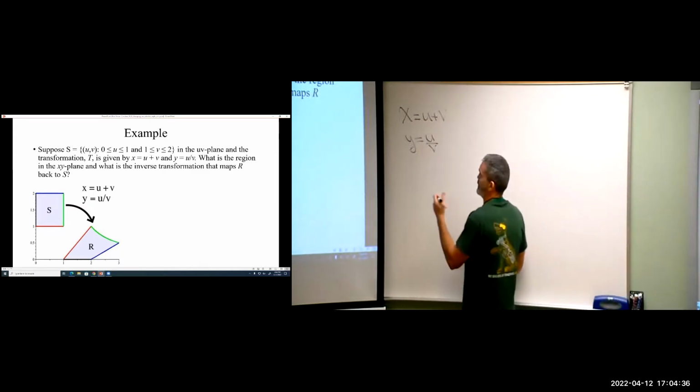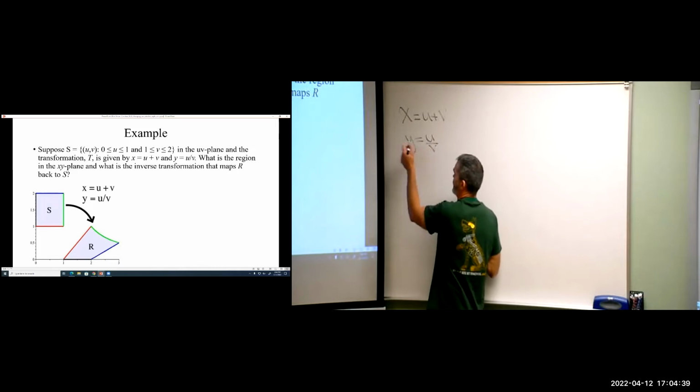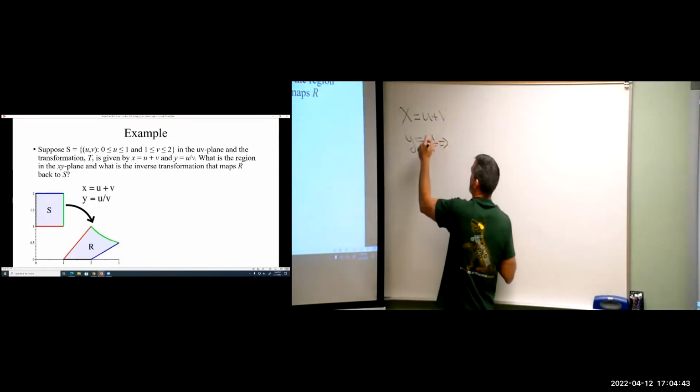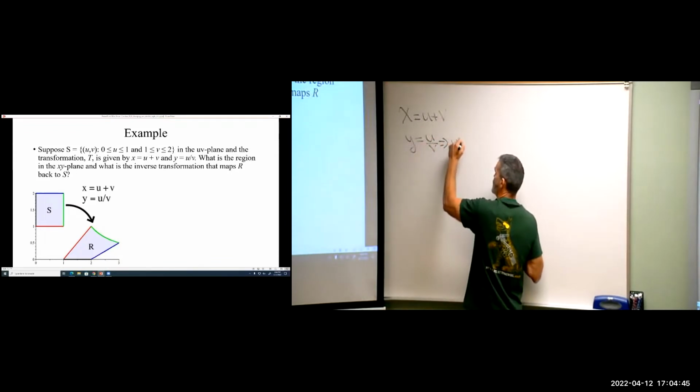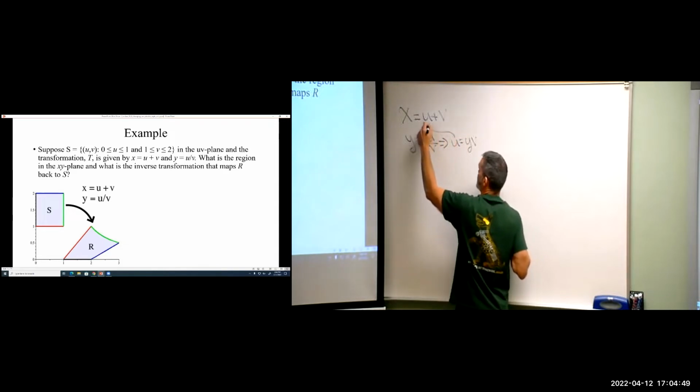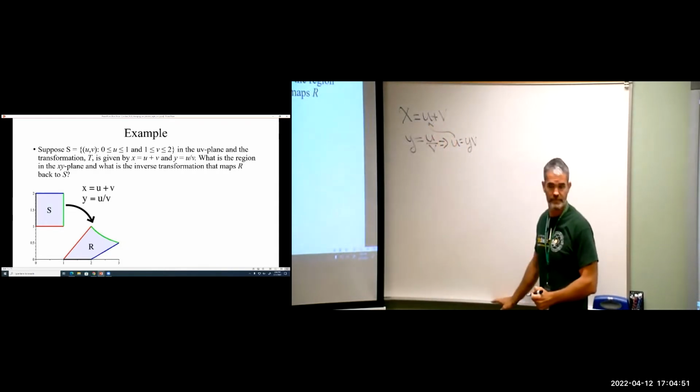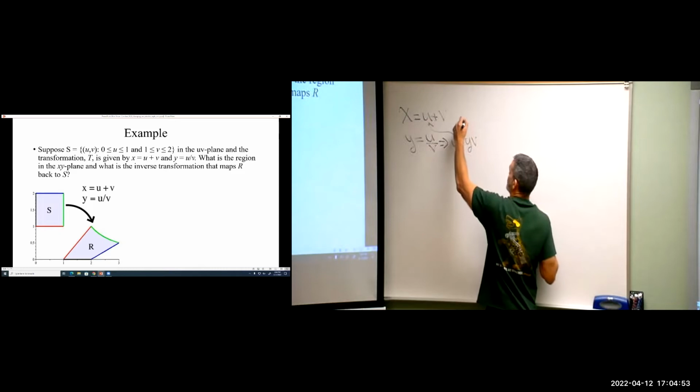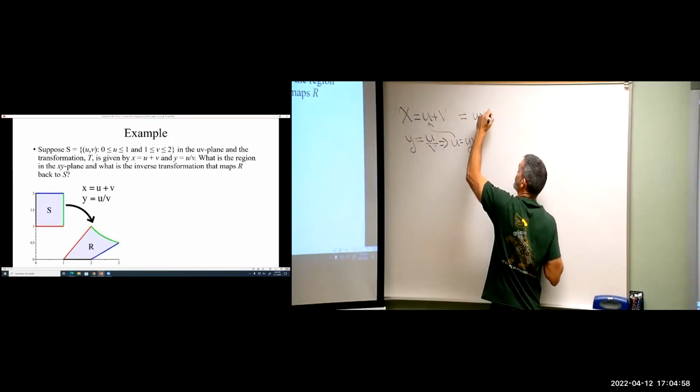Okay, so there's plenty of different ways to go about it. One thing we could do is I'm going to solve this one for u, right? So I can see there, if I multiply both sides by v, u equals y times v, and I'm going to sub it into this u here. All right, so that would then give me yv plus v.